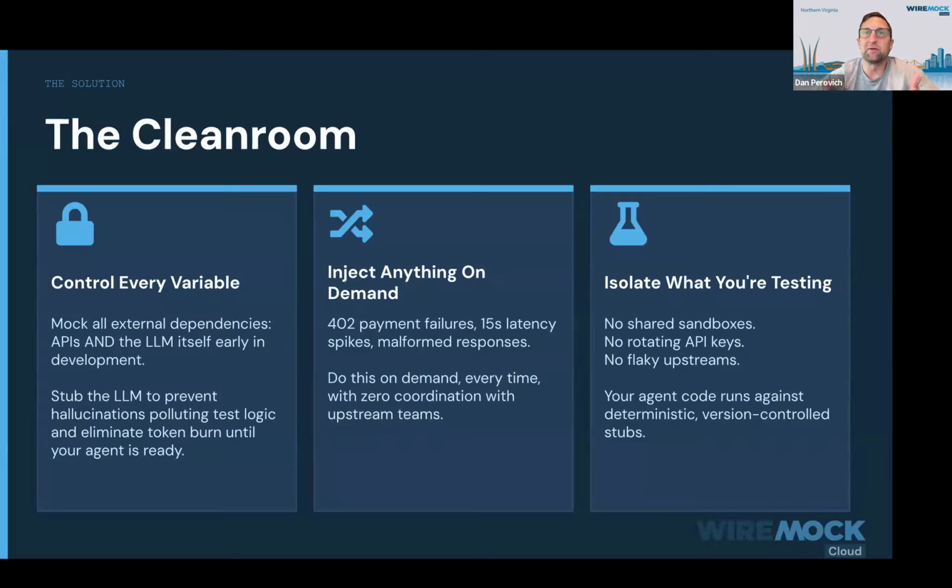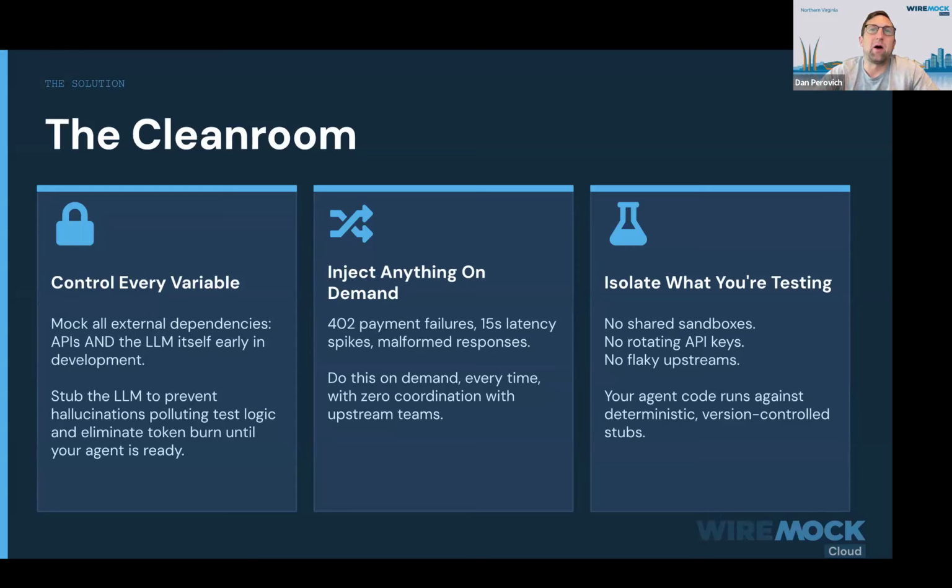So we can mock all those external dependencies, all of those upstream APIs we're consuming. As we'll see today, that'll be an airline ticketing API, a hotel booking API, a credit card API, and an email sending API. So we can mock all those things out.